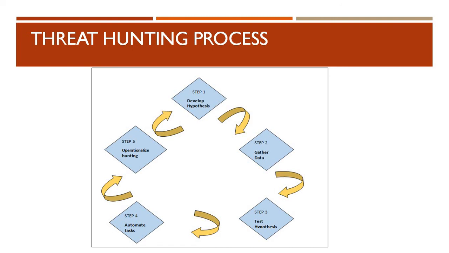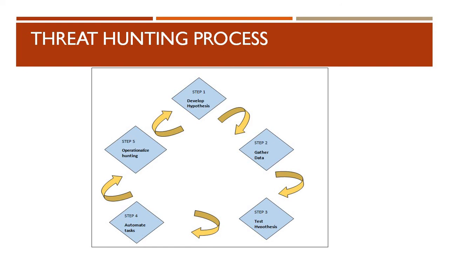A fourth step would be, once you test those hypotheses in your environment, you automate those tasks by creating a rule or an alarm for those hypotheses. And last but not the least, operationalizing the hunting. So basically, these are the five steps you need to follow in your threat hunting.